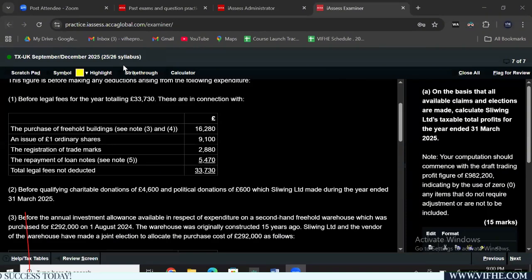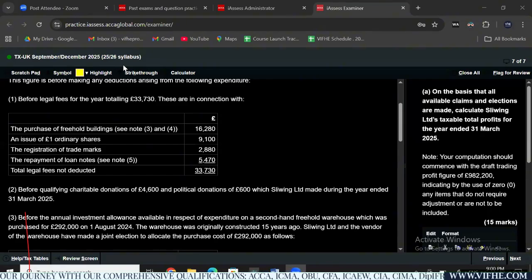See, acquiring a loan for trading purposes is basically a routine activity. Whenever you're going to obtain finance, it is to be treated as a routine activity, but the loan itself is not going to be deducted ever against the trading profit figure.